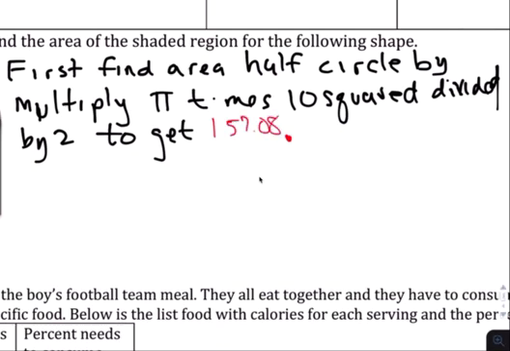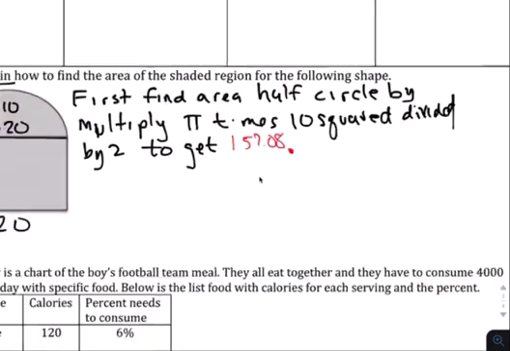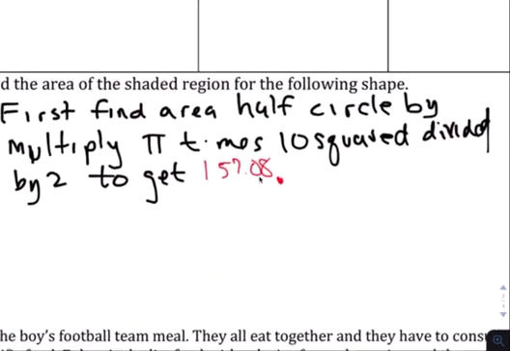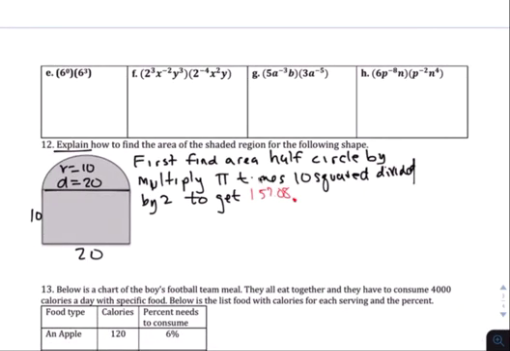So you get 157.08, because after the 7 is 07, but it's a 9, so we round it to that. And then it is, I don't know what your paper says, inches, or I don't know what type of units this is. Let me see. Okay, this is inches, so this is inches squared.